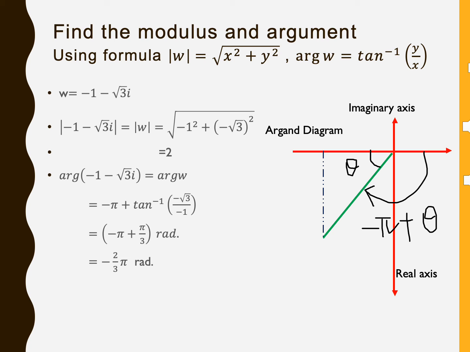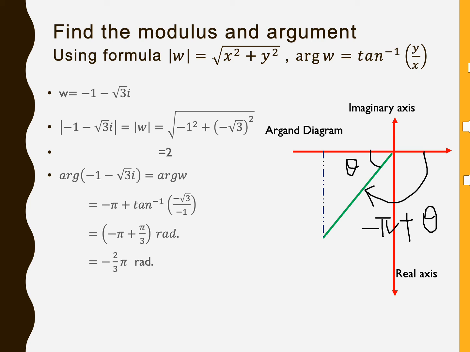From the information given, we can see very clearly the real part is equal to -1 and the imaginary part is equal to -3. Therefore, the modulus w equals square root of (-1) squared plus (-3) squared. After the calculation, we obtain the modulus w equal to 2.